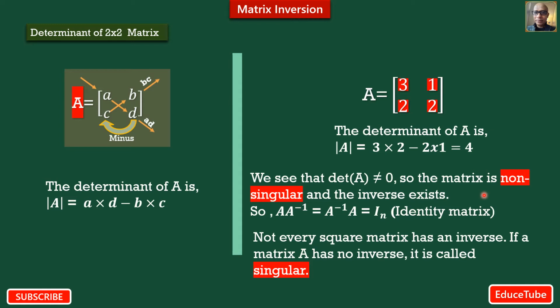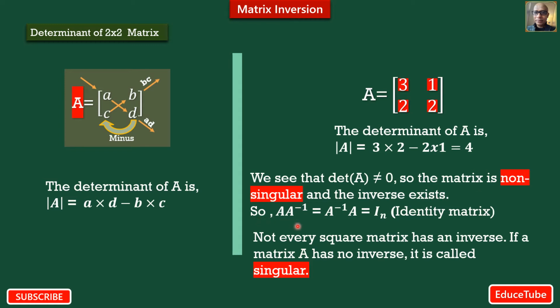It means when we have a matrix, if we see that the determinant is not equal to 0, then we know that we can find the inverse matrix of that matrix. Inverse of that matrix we can calculate, otherwise we cannot.